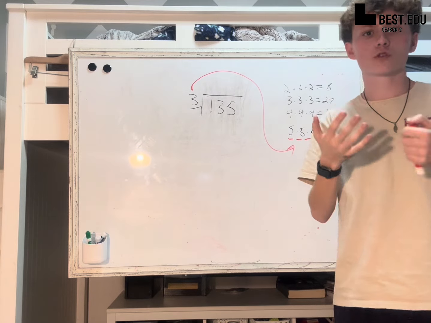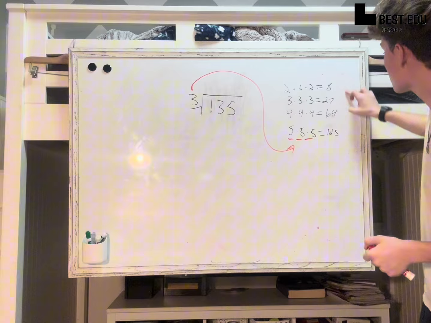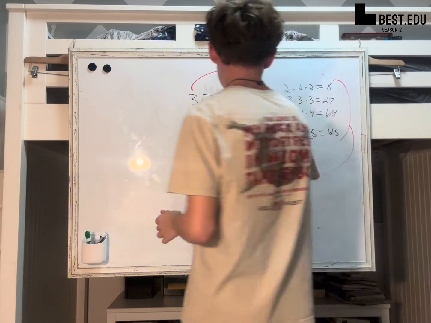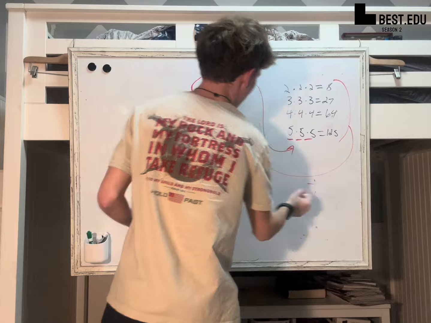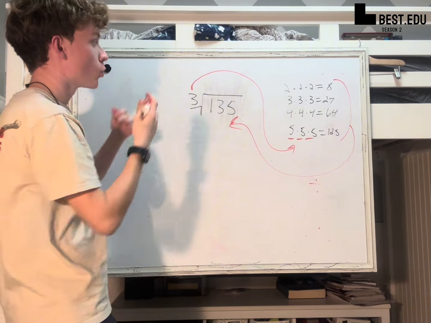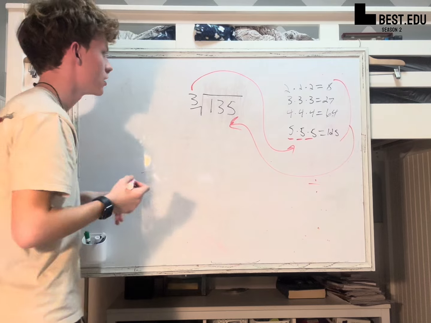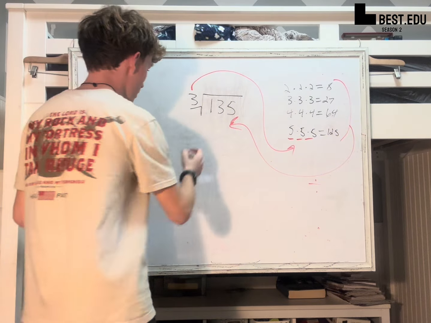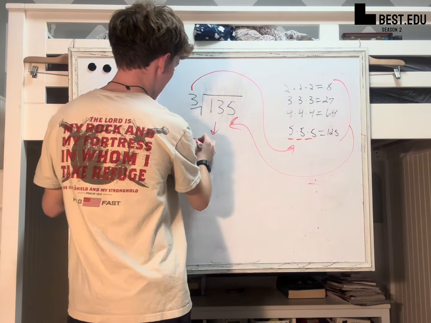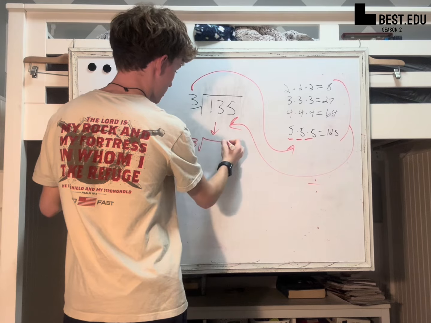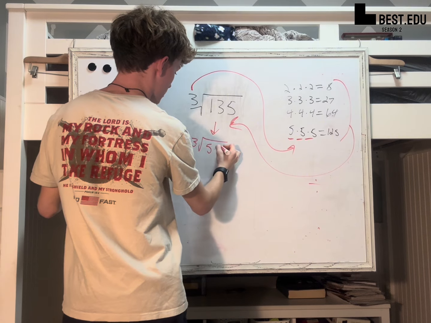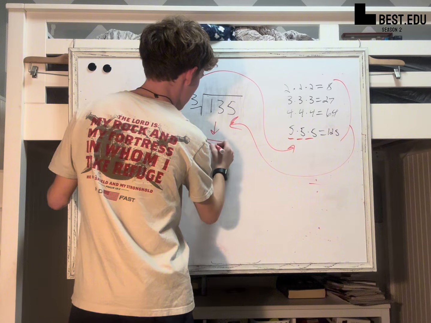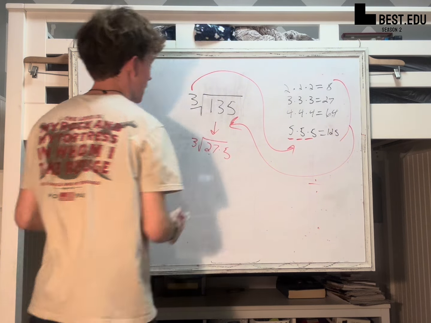Then what we're looking for is one of these numbers to divide into 135, which 27 does. So 135 divided by 27 is 5. We're going to write it like this: 27 times 5.